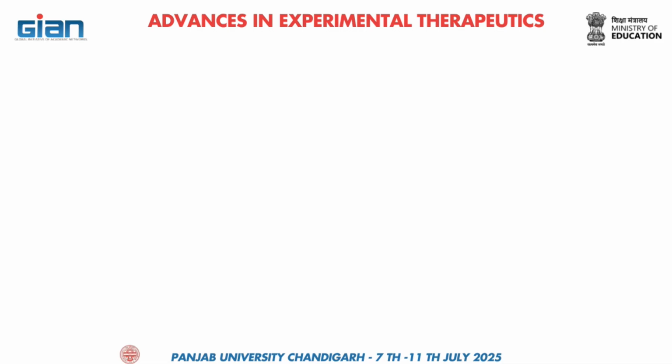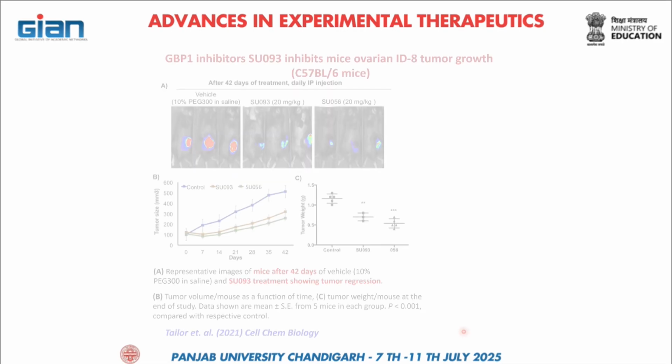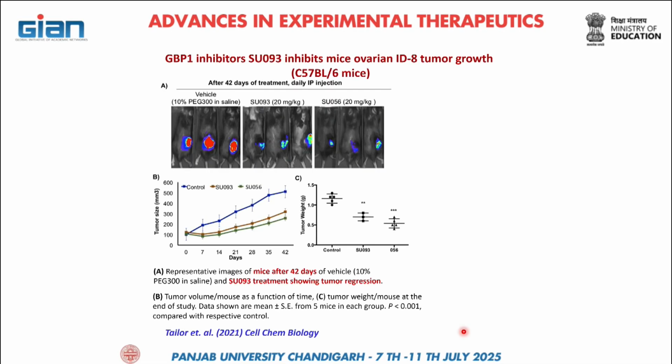Long story short, we identified compounds that were highly effective, and then we started in vivo studies. We took mice, implanted an ovarian cancer cell line, and did imaging to see where the tumor was.